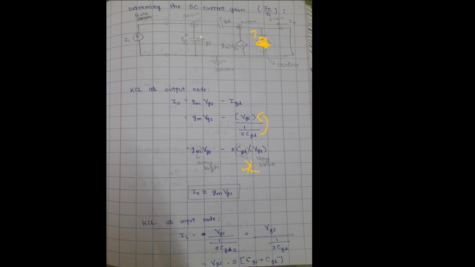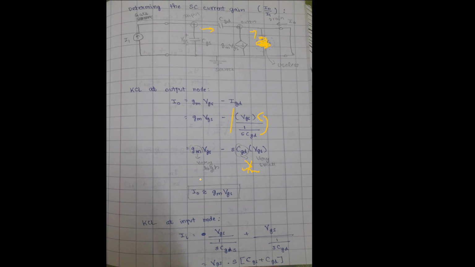The current flowing here is VGS divided by the impedance offered here, which is 1/(sCGS), and the current flowing through this: the potential difference across these two terminals is also VGS, and the impedance offered by them is 1/(sCGD). So we finally get VGS times s times (CGS plus CGD).